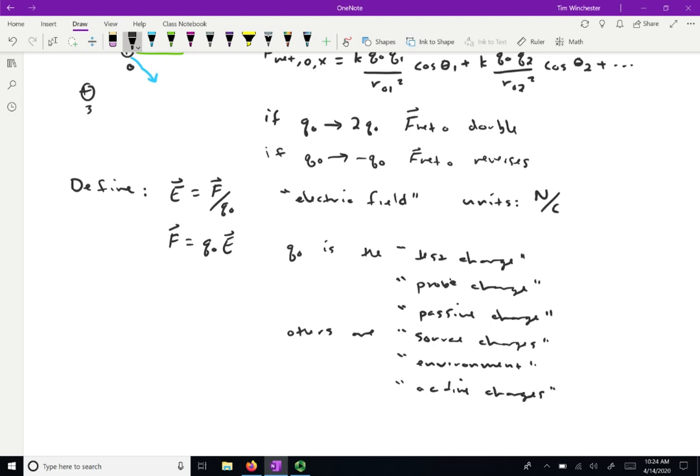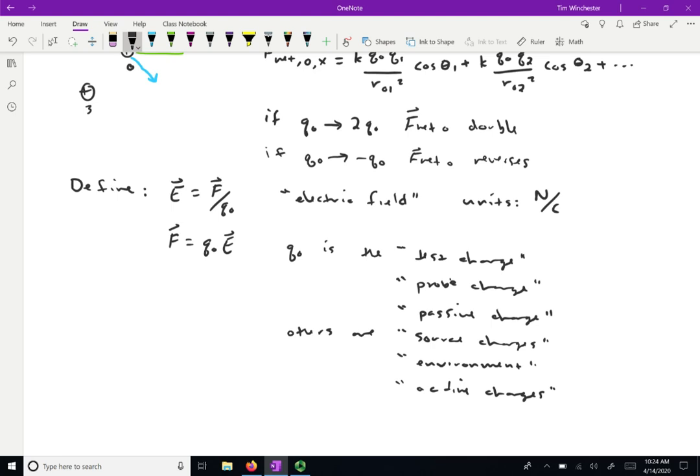Okay, so essentially you can think of the other charges, 1 through 3, as creating an electric field. They're the ones that are pushing on charge 0, and charge 0 is along for the ride. It's not pushing on anything else. I mean, we know it is, but we're ignoring that part for now. We just want to know what happens to that charge.